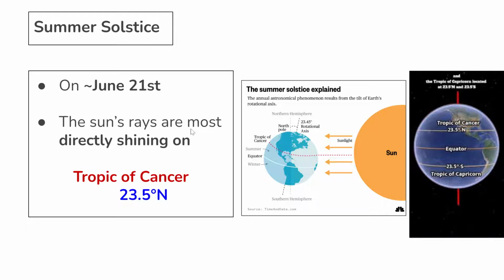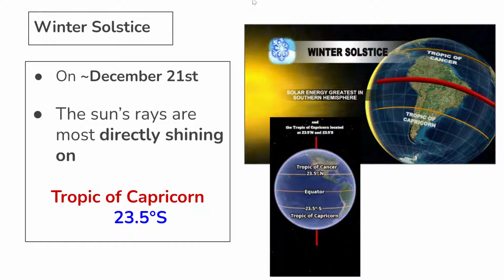So let's recap on the summer solstice. Remember, the summer solstice happens on June 21st, and this is when the sun's rays are most directly shining on the Tropic of Cancer, 23.5 degrees north, because the northern hemisphere is tilted 23.5 degrees towards the sun. And then for the winter solstice, around December 21st, we have the sun's rays directly hitting the Tropic of Capricorn, which is 23.5 degrees south, because the northern hemisphere is tilted away from the sun this time, and the southern hemisphere is 23.5 degrees tilted towards the sun.